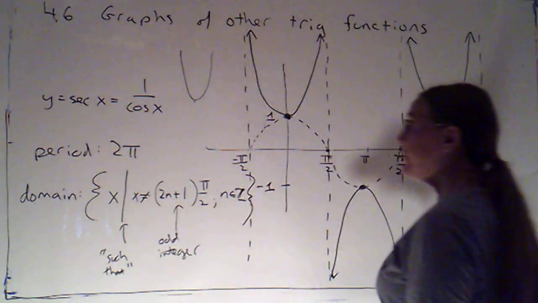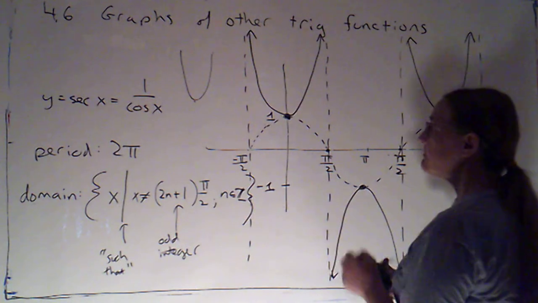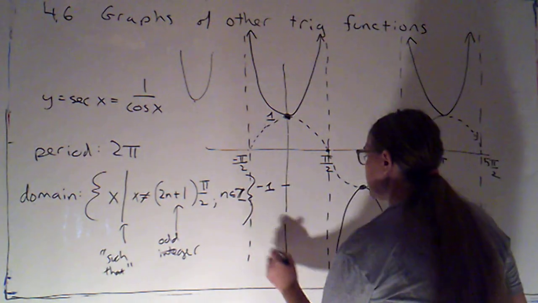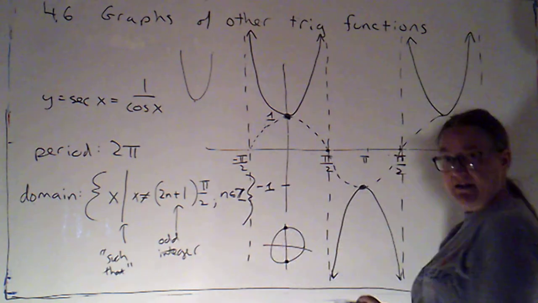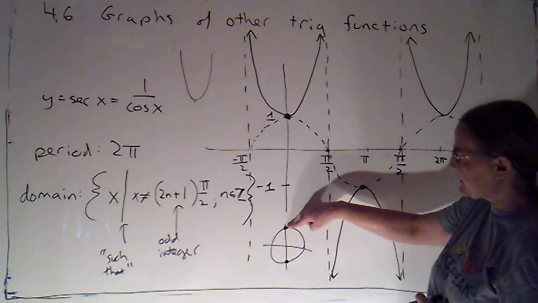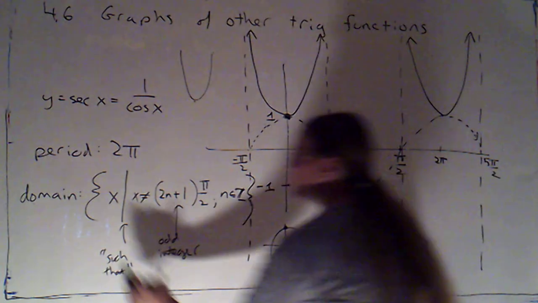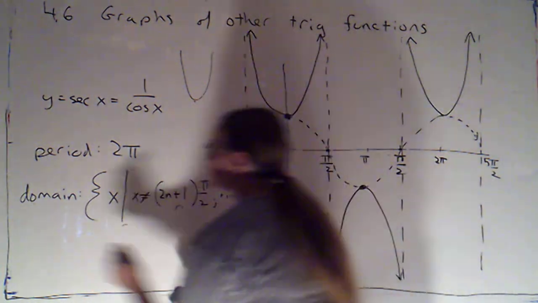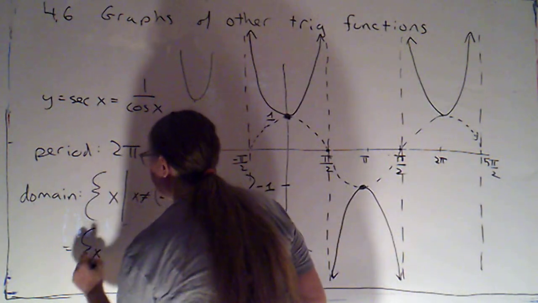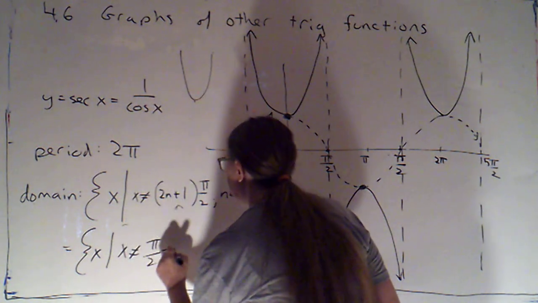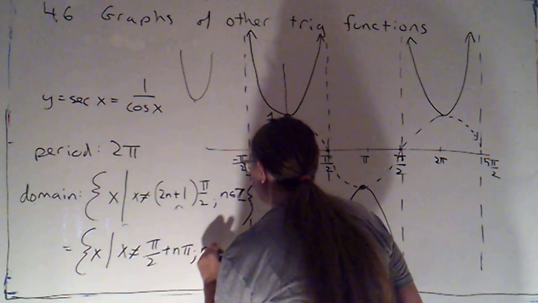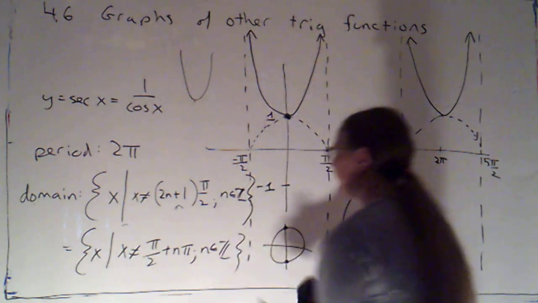Now, if you prefer, when we looked at the unit circle, we saw we were ruling out any angle whose terminal ray passed through a point like so. The other way I could write this, and this is equivalent, is it's the set of all x such that x is not pi over 2 plus n times pi, where n is an integer.